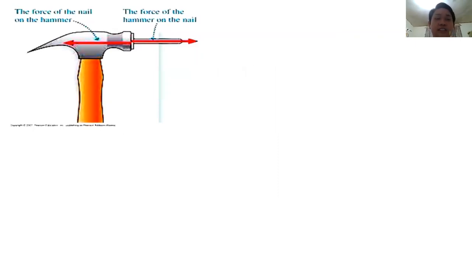As you can see, the force of the nail on the hammer is going to the left. Kindly observe the arrow. This one is the direction of the force of the hammer on the nail. As you can see, there is an equal and opposite reaction. Okay, so another example.